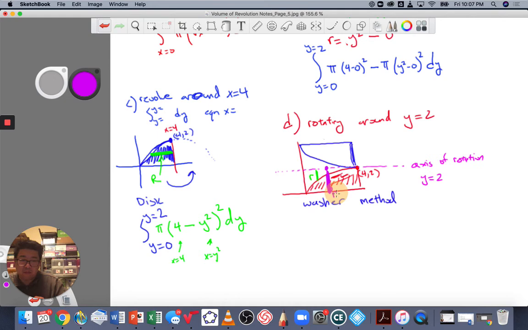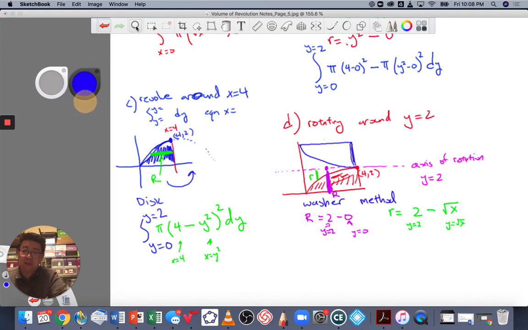That would be your big R. So our big R would be 2 minus 0, so y equals 2 minus y equals 0. My little r would be the axis of rotation minus the square root of x, so y equals 2 minus y equals square root of x. So those are your two radii.